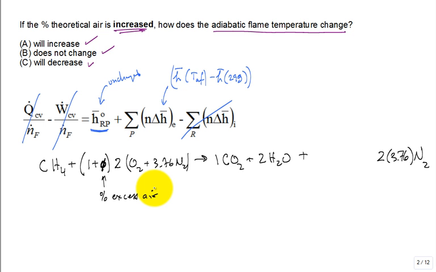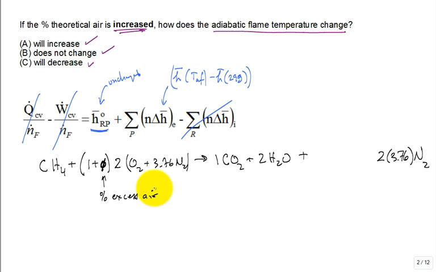So if phi is 0.1, then I have 10% excess air or 110% theoretical air. Make sense? So if phi is 0.2, what is my excess air? 20%. It's 120% theoretical air.